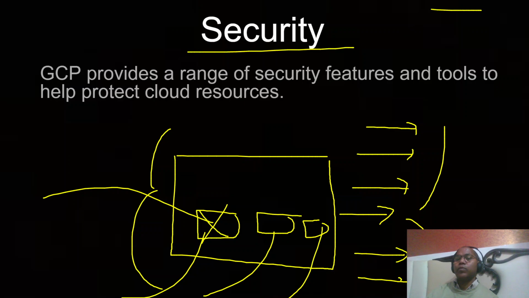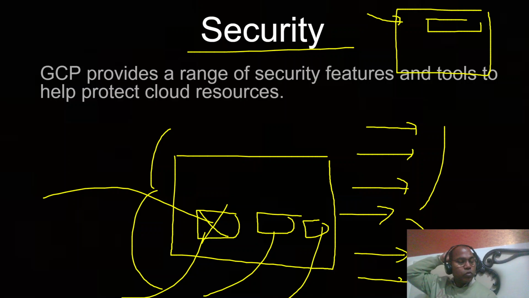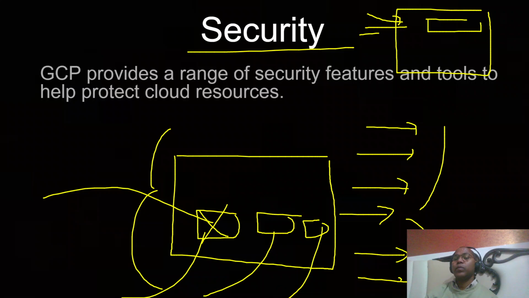Some level of security is already defined by the cloud provider itself, and some security is also taken care of by the customer, like rules and conditions the customer sets, because the customer has the application and data access.